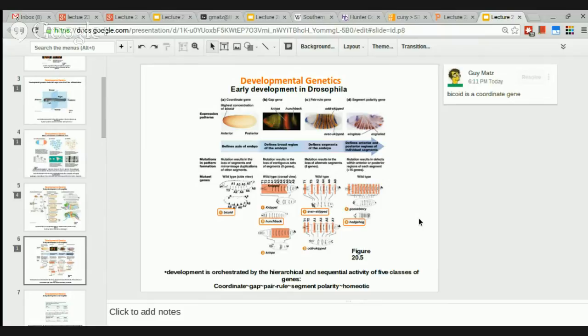Following the activity of the pair rule genes, there's a class of genes called the segment polarity genes. These are expressed, in fact, in half segments. So here you see whole segments that express these gene products, and hedgehog is one of them, and gooseberry and others. They are expressed in half segments, and they determine the activity of a stripe of a segment.